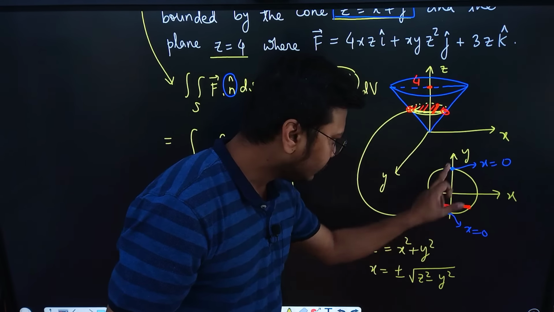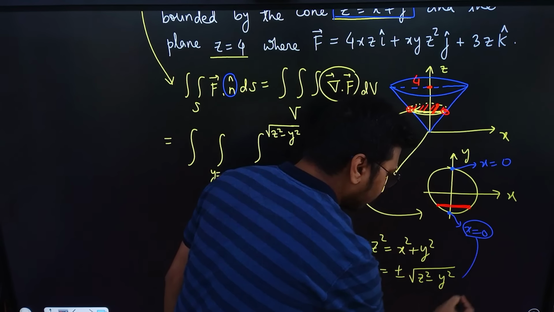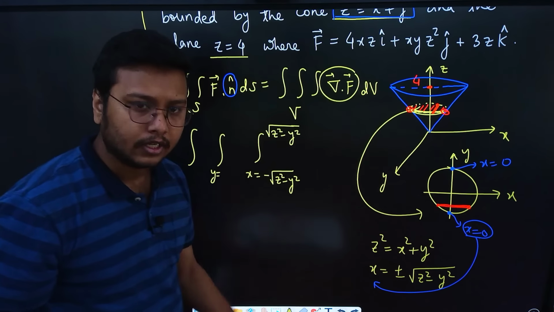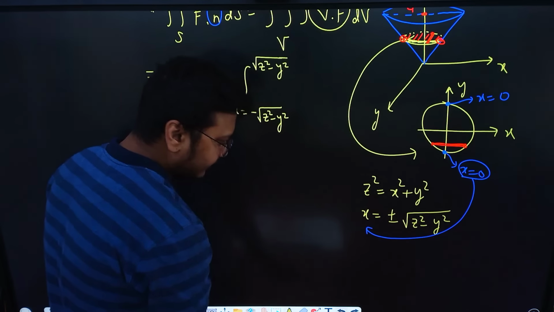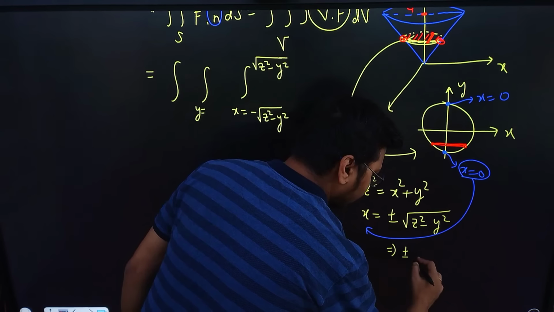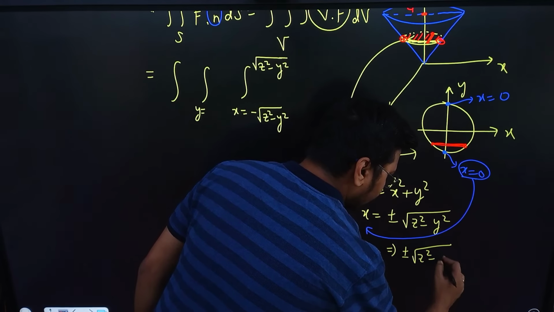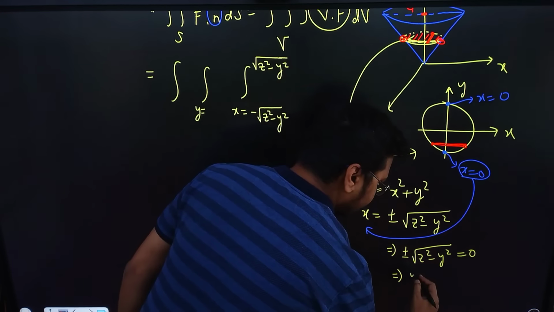Correct? So at these 2 points x value is 0, so you just plug x = 0 right over here. If I plug that in, I get ±√(z² − y²) = 0, and from there I'll get the value of y.